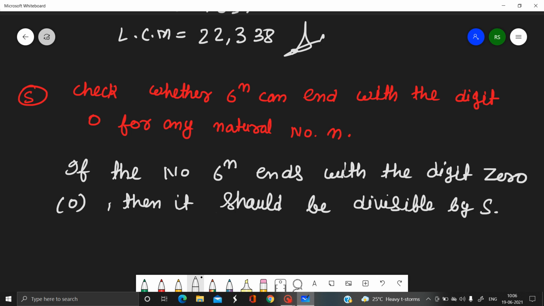What is the divisibility rule of 5? We know that a number with unit place 0 or 5 is divisible by 5.